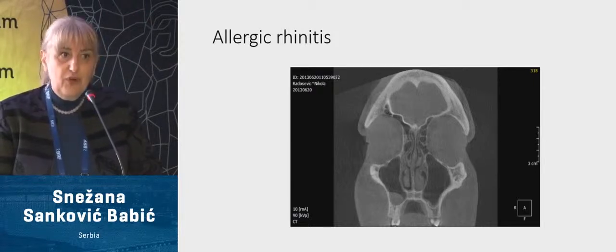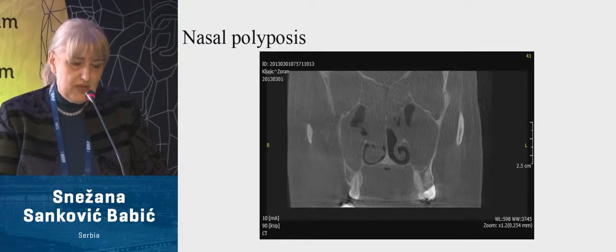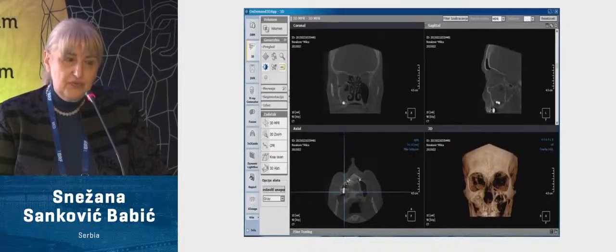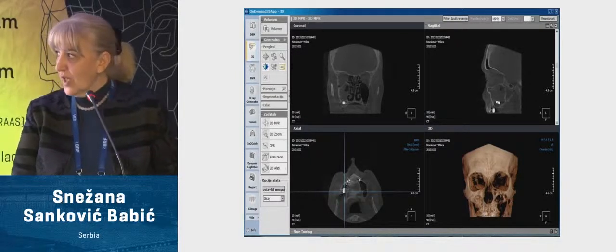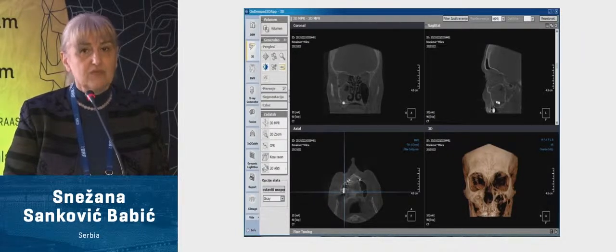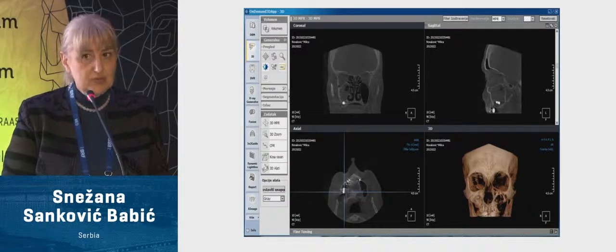You can follow your patients with severe cases of allergic rhinitis, and of course, patients with nasal polyposis. In our clinic, we often see patients with so-called dentogenous sinusitis, like this lady who had a dental implant, and 2 months after that, she developed severe unilateral maxillary sinusitis. And of course, a part of the dental implant was present in the sinus.